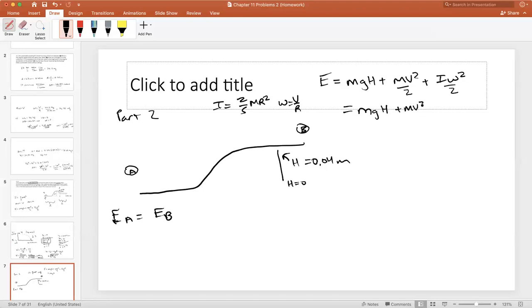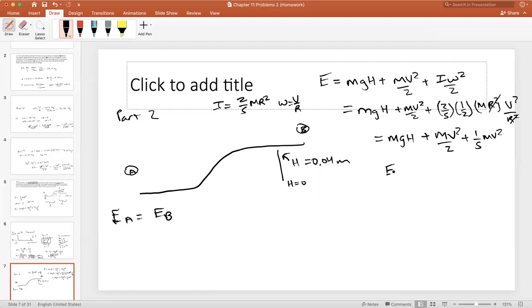I get mv squared over 2 plus 2/5 times 1/2 times m r squared, the 1/2 is coming from here, times v squared over r squared. If I cancel my r's and I cancel the 2, what I find is mgh plus mv squared times 1/2 plus 1/5 mv squared. 1/2 plus 1/5 is 5/10 plus 2/10, which is 7/10.